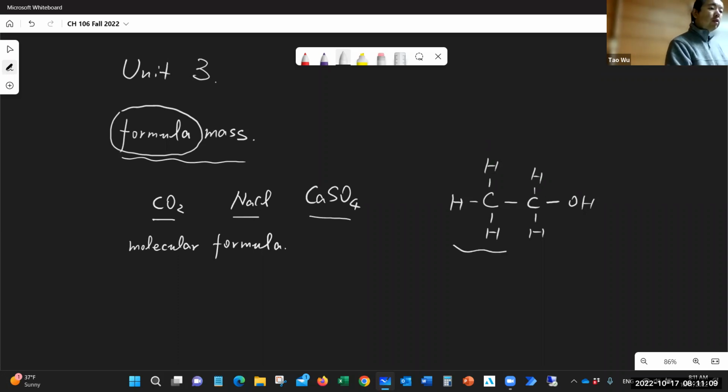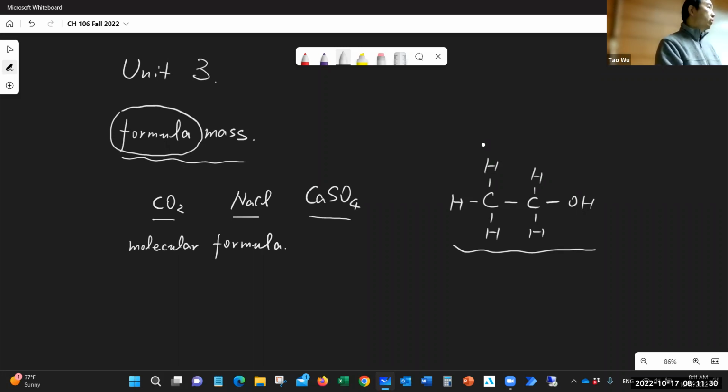This kind of structure we call a structural formula, which gives you how many carbon atoms and hydrogen atoms there are, and also what kind of structure this molecule has.